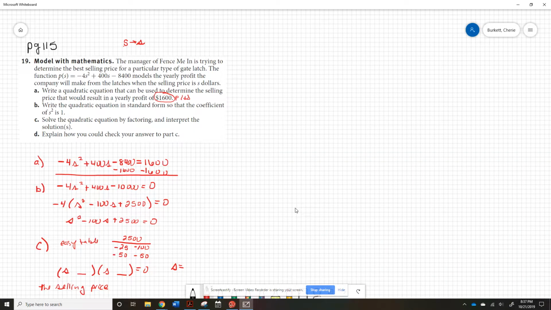Okay, so once you find out what the selling price would be, because it says right here that the selling price is S dollars.